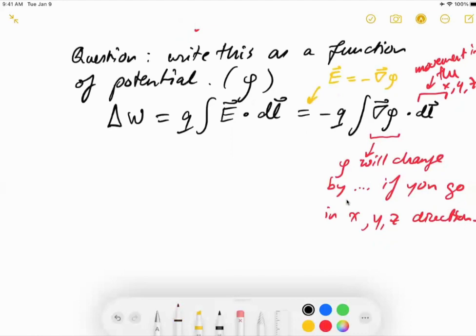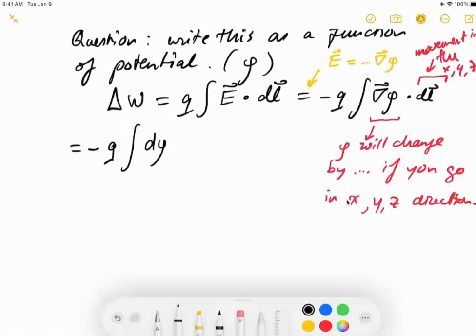So we can actually write it as minus Q d phi. Because for every one of those paths, it will just change by a certain amount, and it will be minus Q phi final minus phi initial.